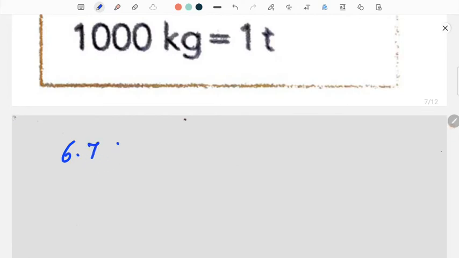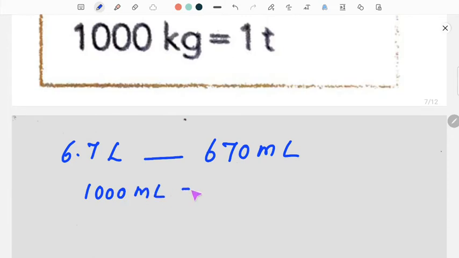So our first question is 6.7 liters and 670 milliliter. Here change the smaller unit to the bigger unit. 1000 milliliter is equal to 1 liter. So to change milliliter to liter, divide by 1000.